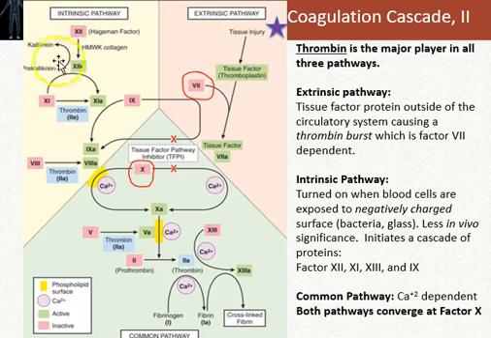Okay, the intrinsic pathway, these factors get activated or exposed to negatively charged molecules, which could be bacteria, proteins, or enzymes, glass, foreign substances, and then this instigates a specific cascade of the following factors listed here.